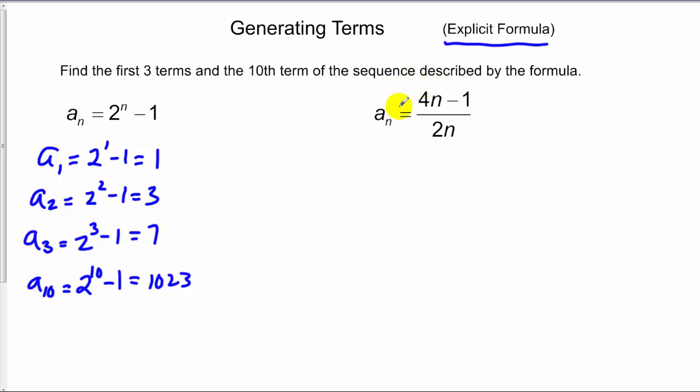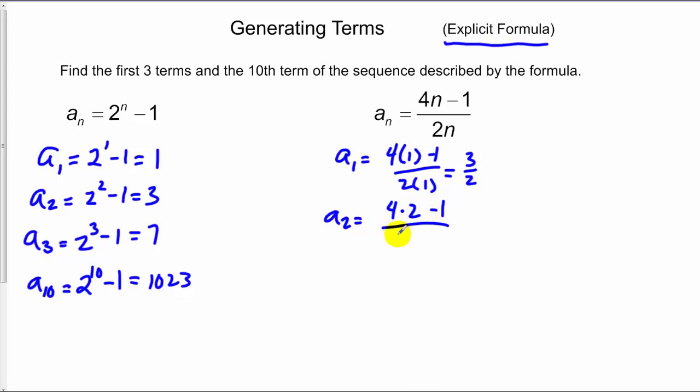You'll notice I have multiple values of n in this next problem. It works the same way. First term, n equals 1, therefore everywhere I see n, I plug a 1 in, and I end up with 3 halves. If I want the second term, plug a 2 in. It's 4 times 2 minus 1 over 2 times 2, or 7/4.